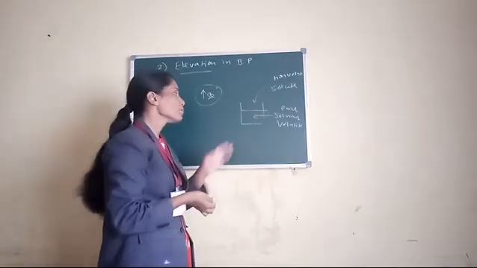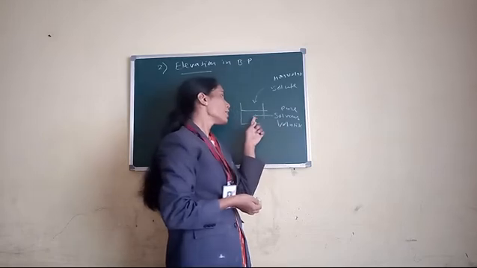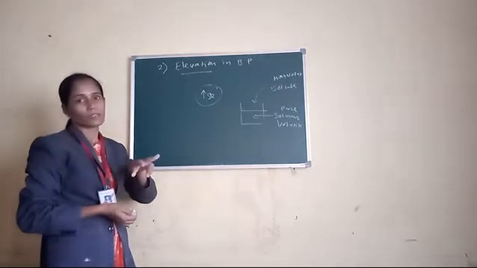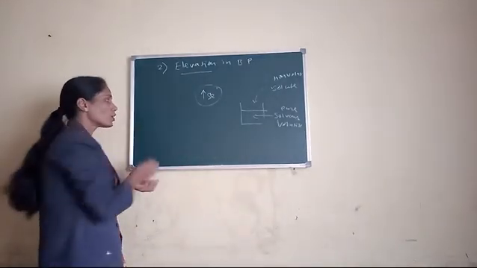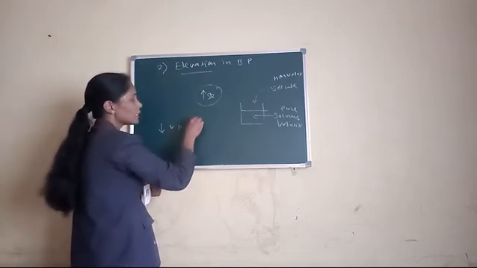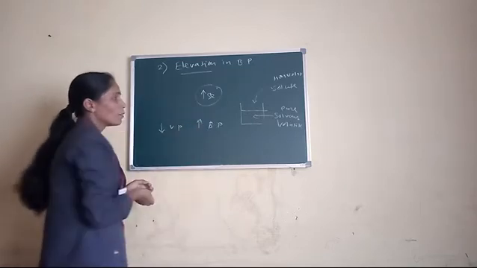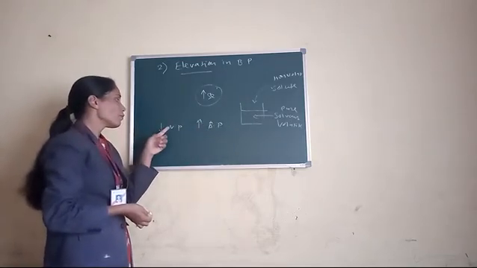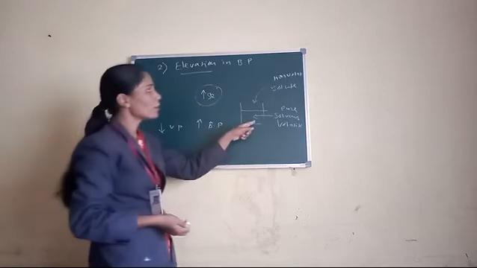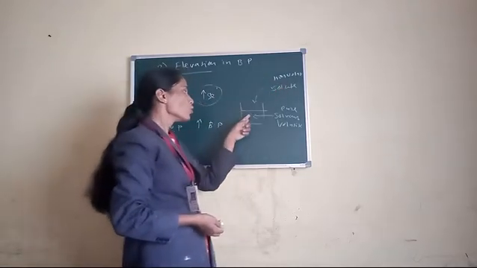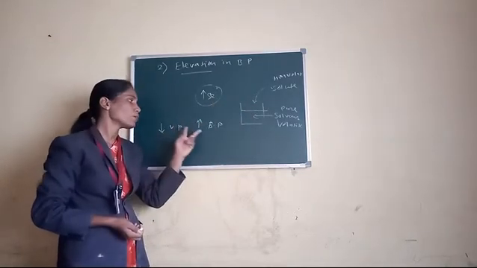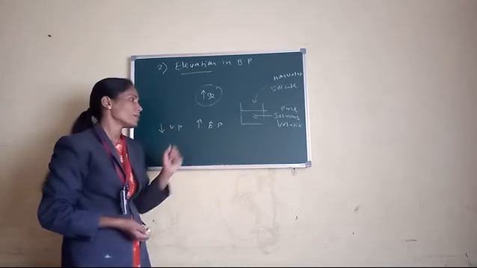Elevation in boiling point. Here the pure solvent has high vapor pressure, and vapor pressure and boiling point are opposite. That is, lowering of vapor pressure means decreasing the vapor pressure, and elevation of boiling point means increasing the boiling point. In the first type, when solute is added, the vapor pressure of the pure solvent decreases, and here after addition of non-volatile solute, the boiling point increases. So boiling point and vapor pressure are opposite properties.